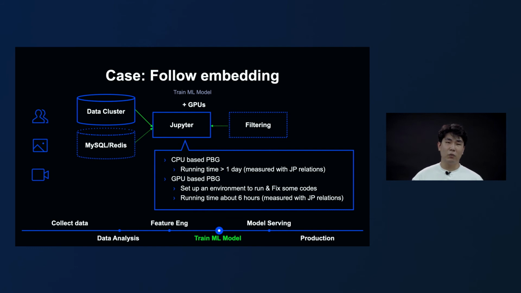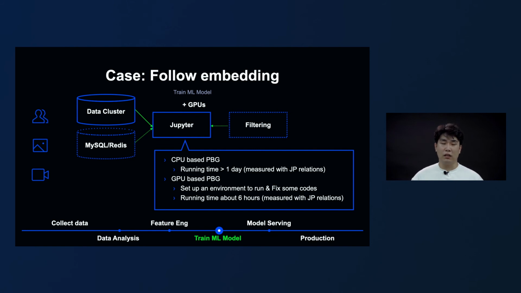Actually, this follow embedding case is a task for creating features, so it is difficult to differentiate the modeling stage from the feature engineering stage, but you can think of this stage as the stage for optimizing the model. In our case, we used CPU to train the PBG model, but it had several problems, so we tried using the GPU for training.